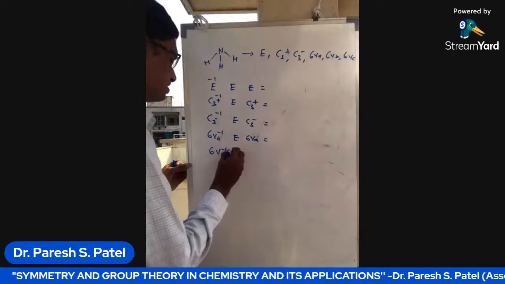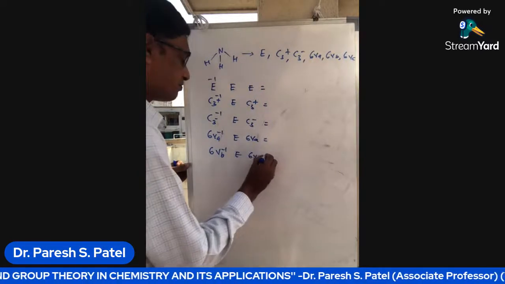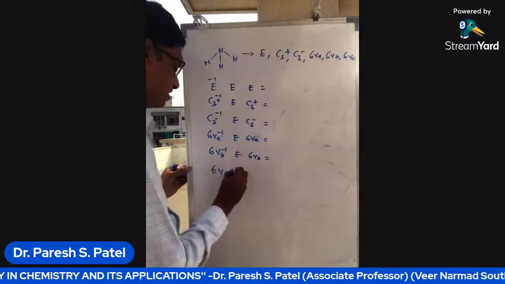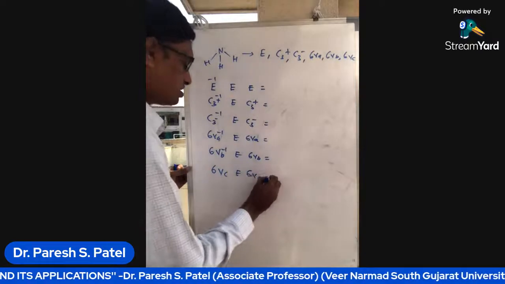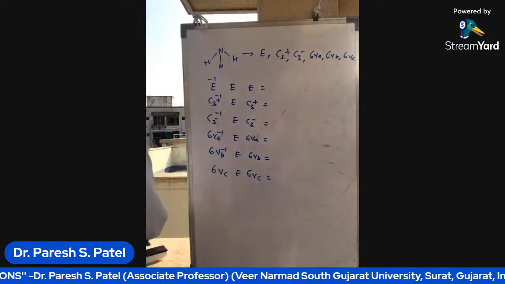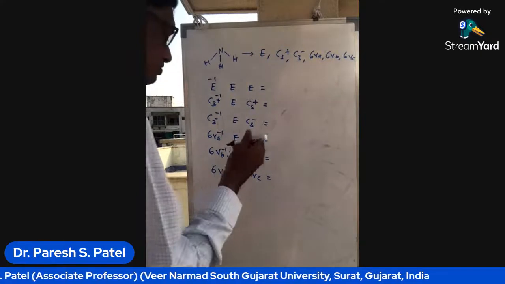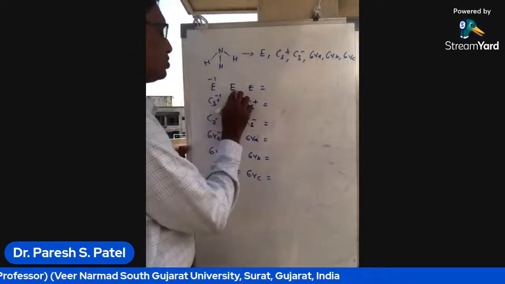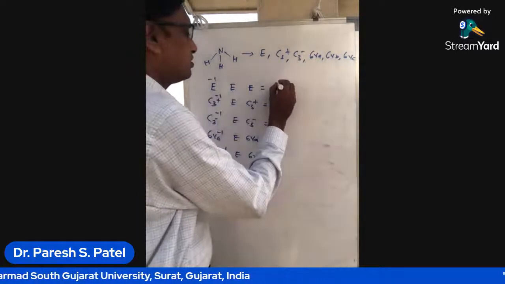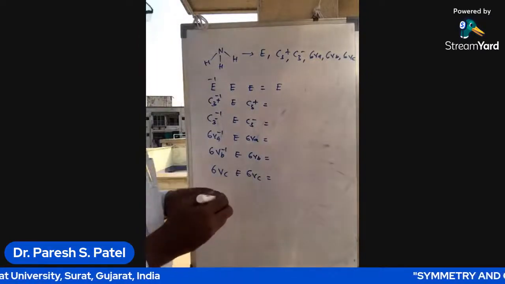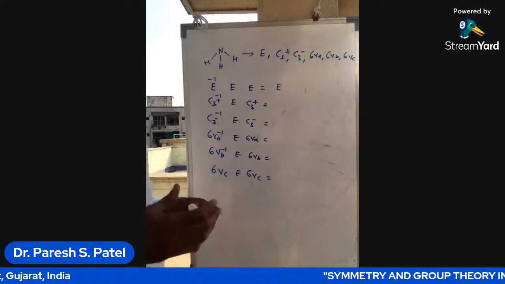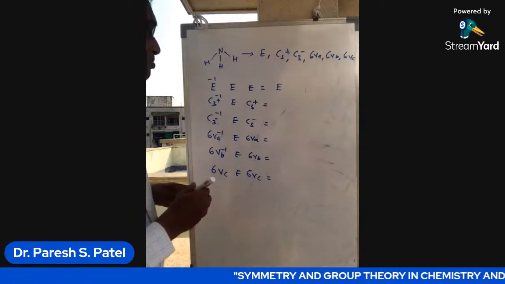Sigma Vb inverse E sigma Vb. Sigma Vc inverse E sigma Vc. Now in case of the ammonia molecule, for E into E, we already discussed that if we operate the identity symmetry operation, there is no change in the position of the molecule.